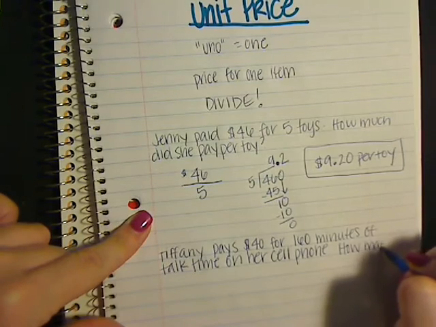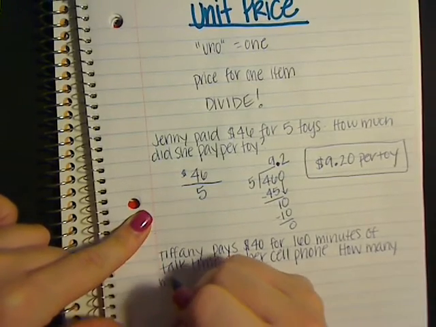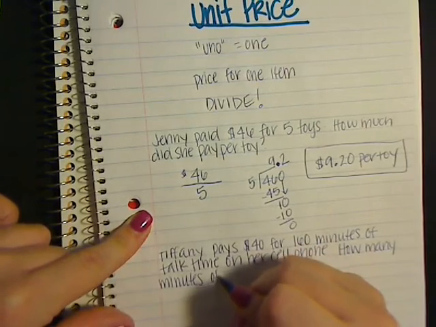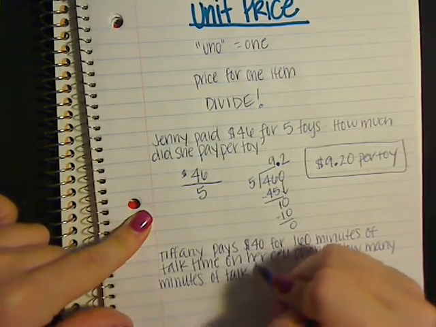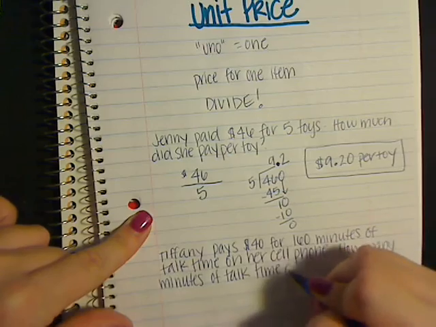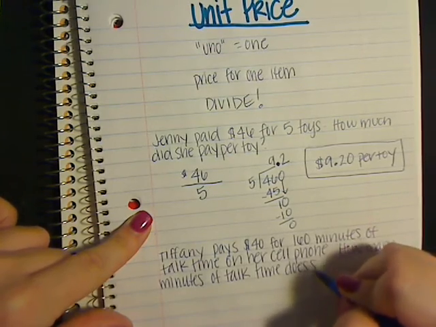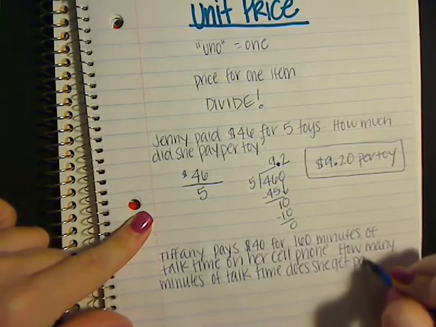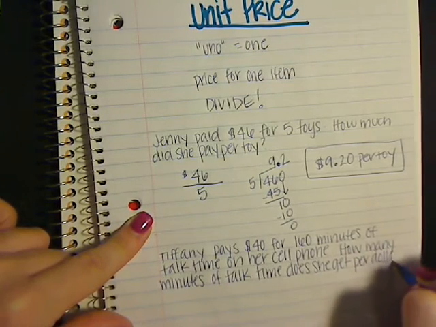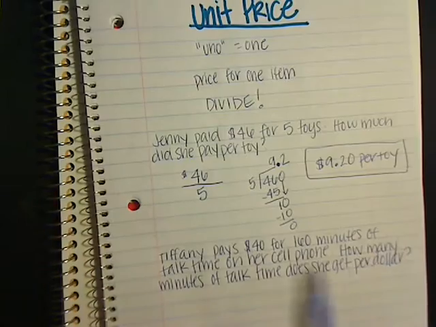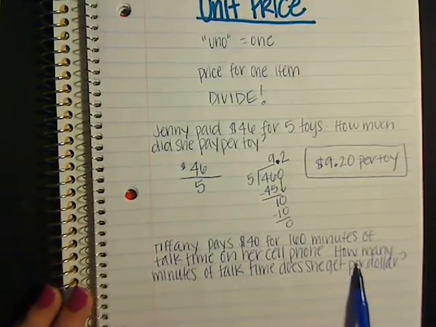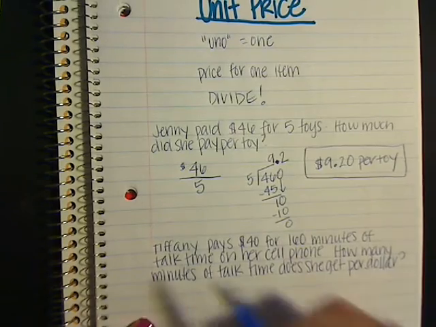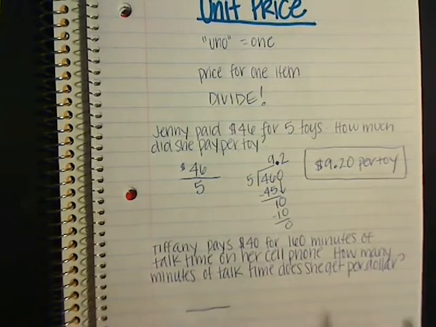How many minutes of talk time does she get per dollar? So I want to know how many minutes she can talk per dollar. So I'm trying to find the unit rate for every dollar. So dollar needs to go on the bottom.